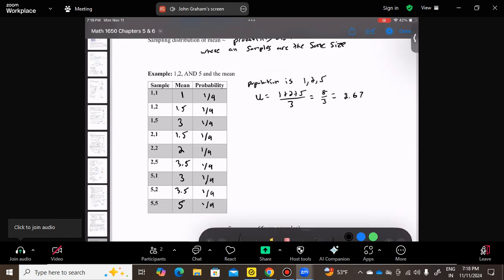Okay. But let's condense this into our sampling distribution.